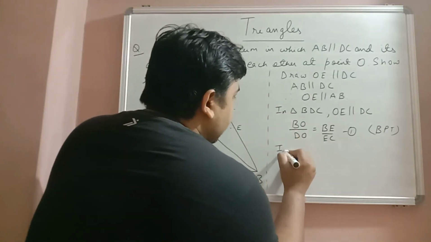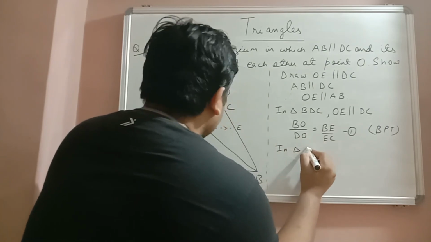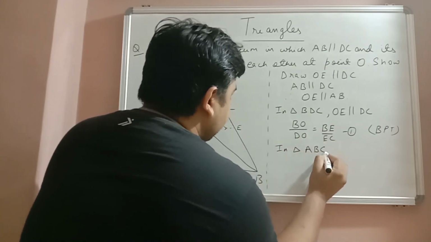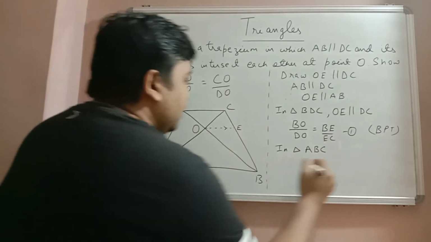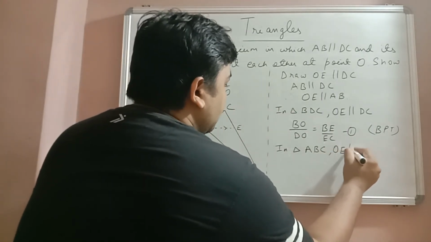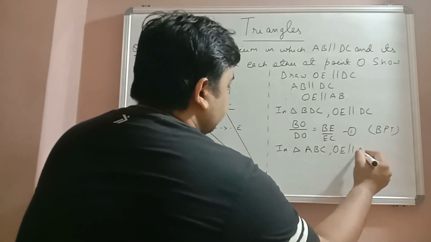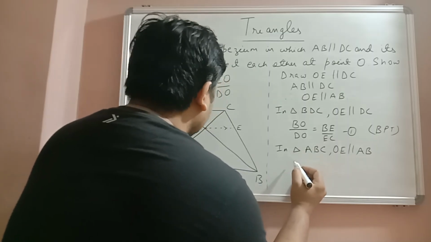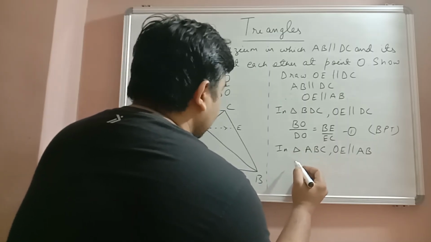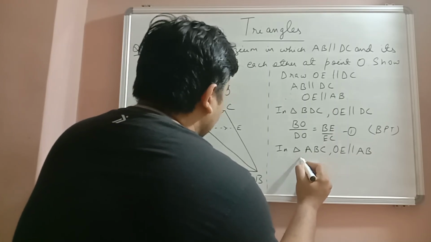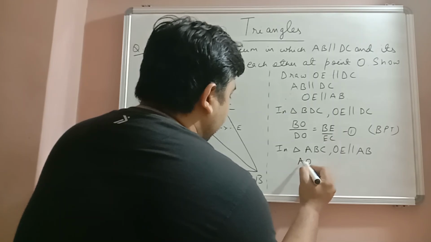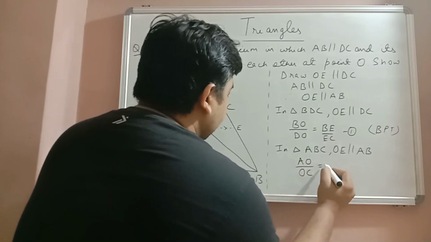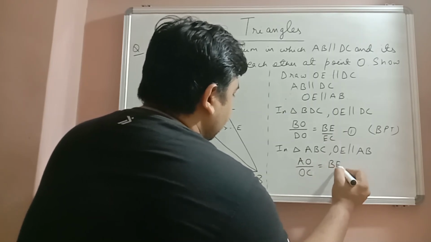Now similarly in triangle ABC, OE is parallel to AB. So one can say that AO upon OC is equal to BE upon EC.